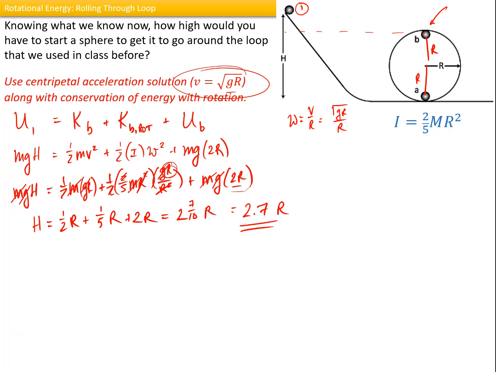And what's also nice to notice here is that a lot of things dropped out. The mass doesn't matter, it doesn't matter what the mass of your object is. What also seemed to not matter is the actual size of the ball you're rolling down, because actually, this should really be the r of the ball.